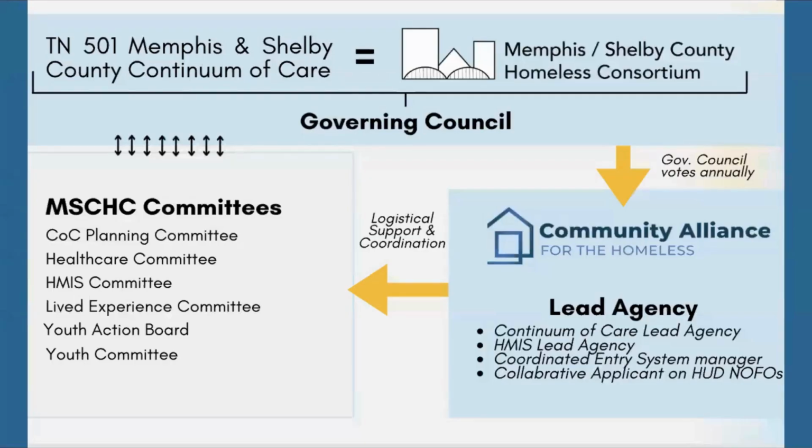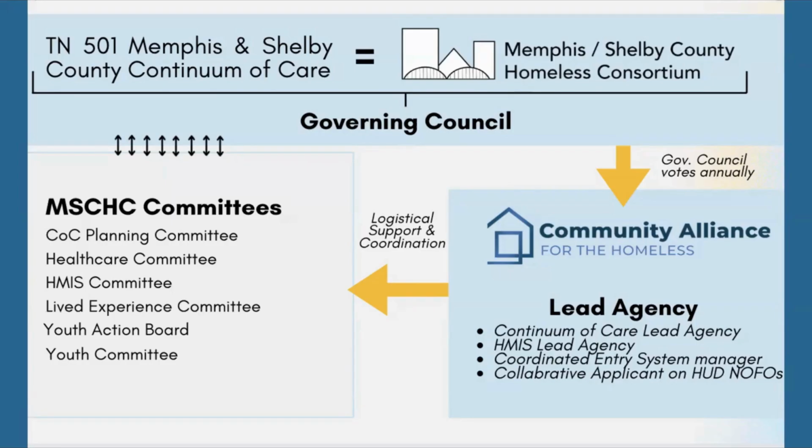This is just a brief overview of how the structure works in our community. So at the top, TN 501 is the number that we refer to, that's our COC number. Memphis and Shelby County is our geographic area, and our Memphis and Shelby County Homeless Consortium, that is our collection of stakeholders.